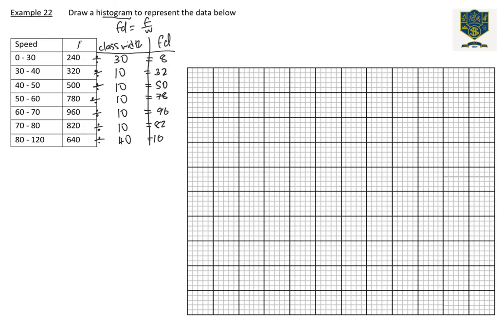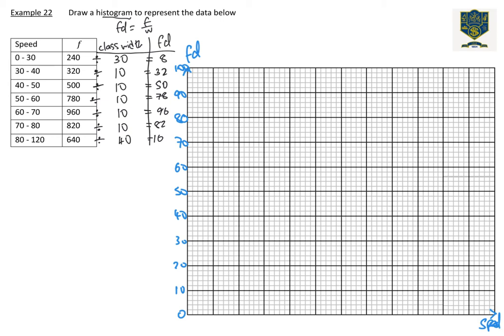So we're going to draw this on our axis, and our y-axis is our frequency density. And we need to go up to 96, so we can go up in tens. We can see that one small square is going to be 2. And on the x-axis is our variable, which is speed.